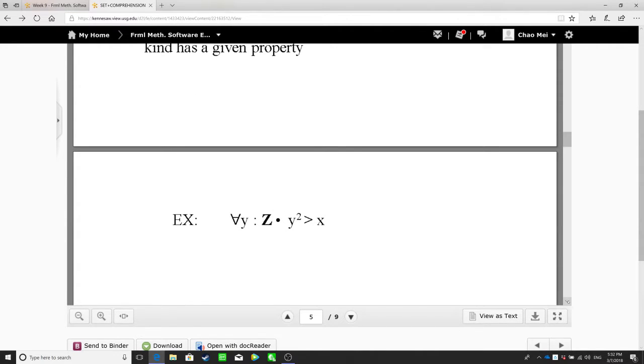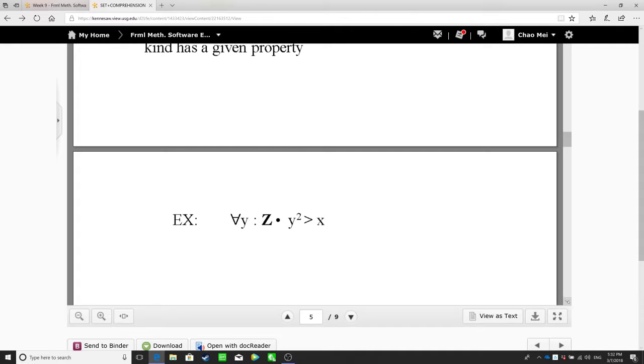For every y, which is an integer, and y squared greater than x, we can find y squared greater than x.